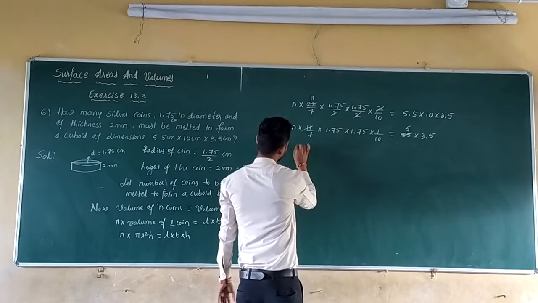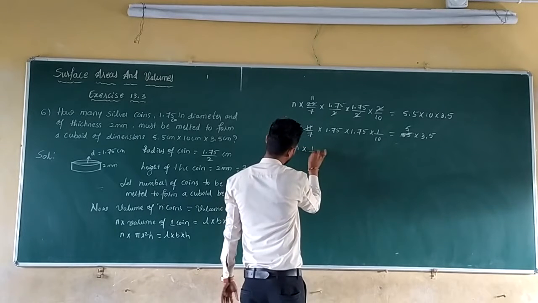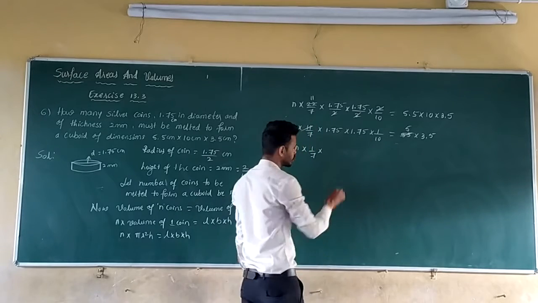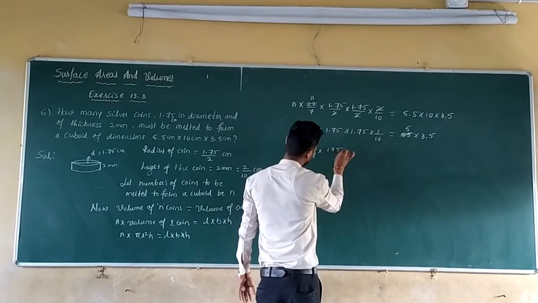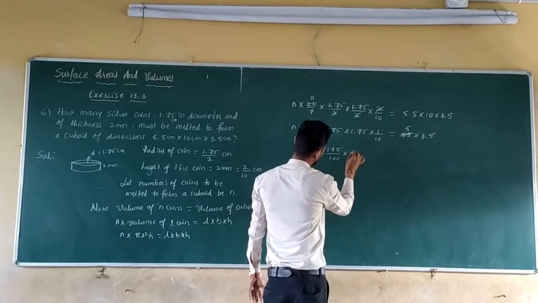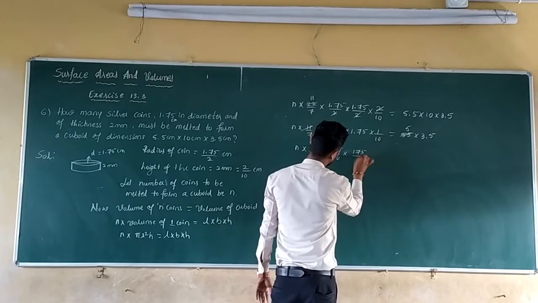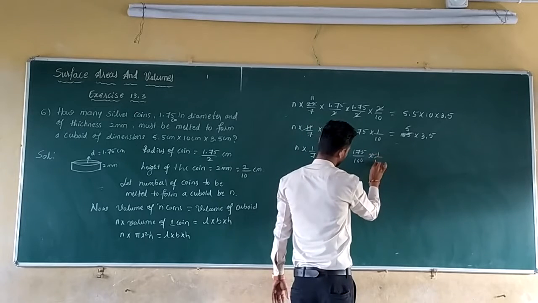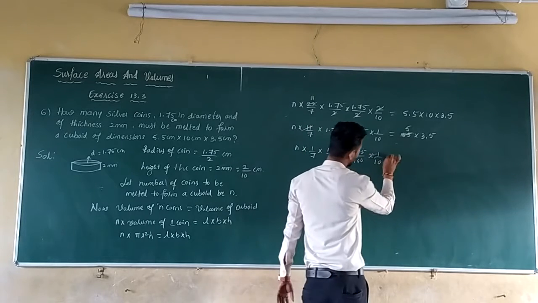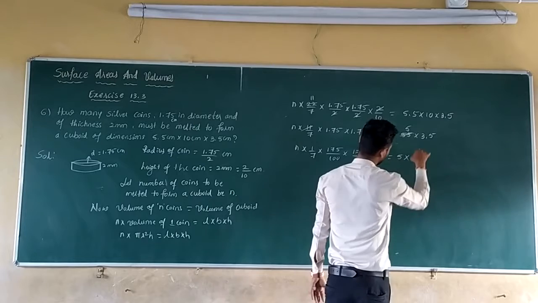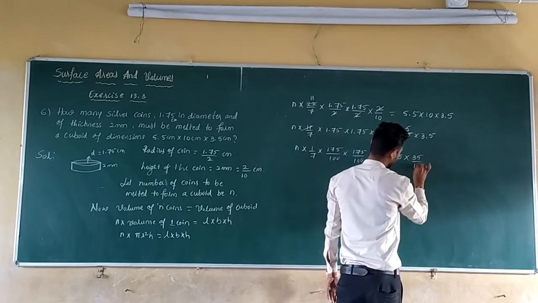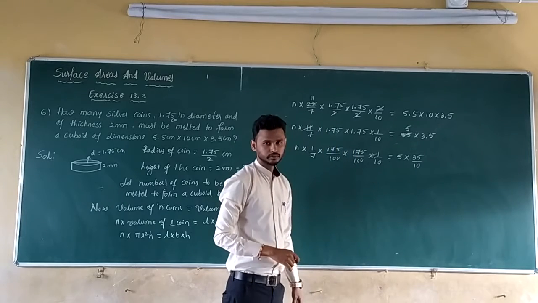So now n into 1 by 7 into, convert these decimals in terms of fractions. So 175 divided by 100 into 175 divided by 100, into remaining 1 by 10, which is equals to 5 into, convert this also in terms of fraction, 35 by 10.